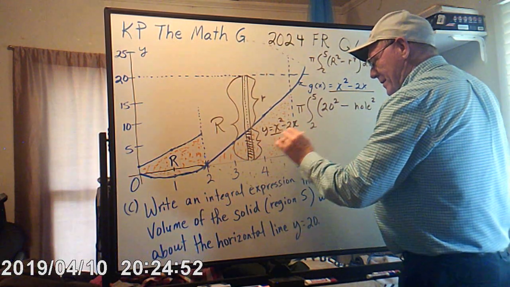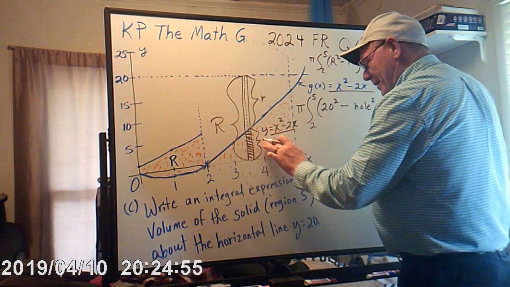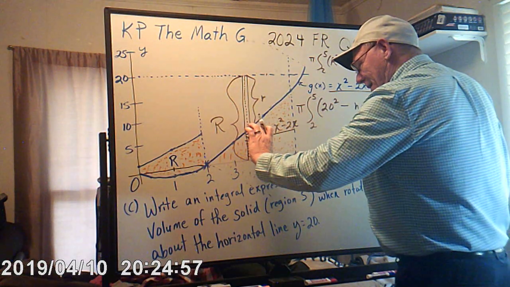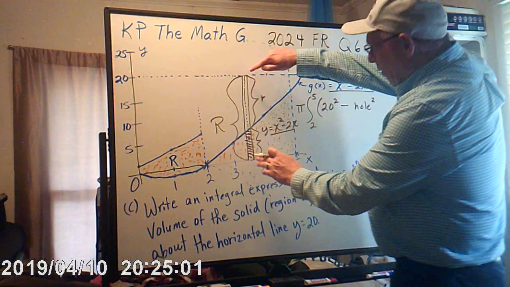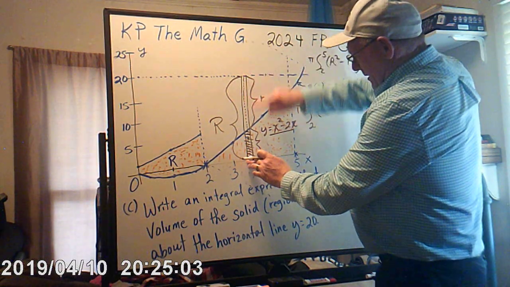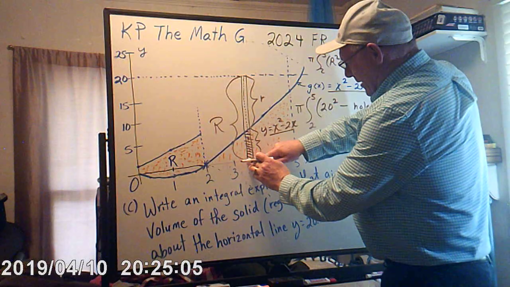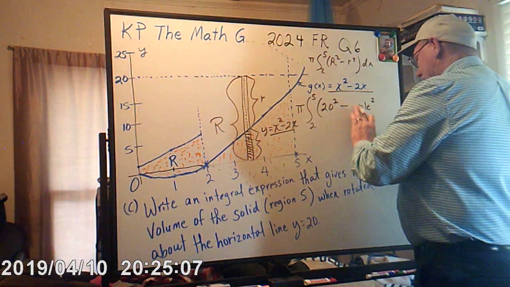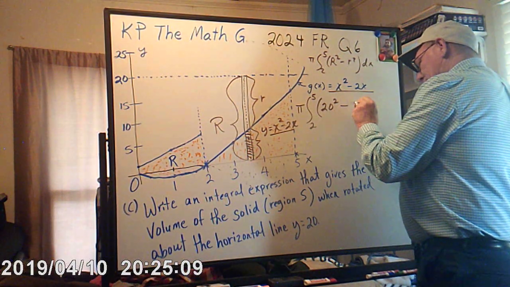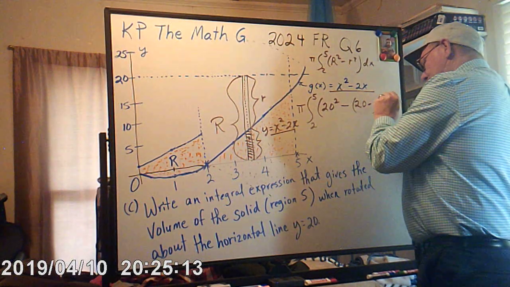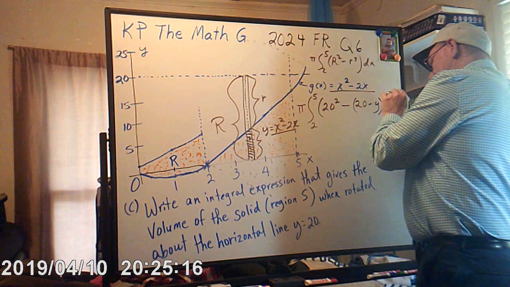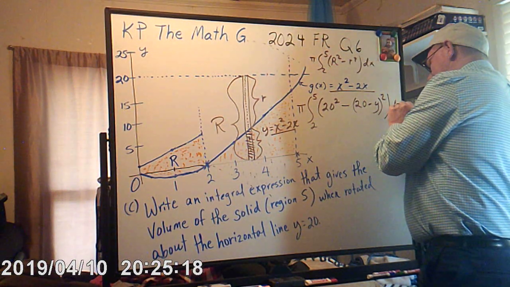This height here is this. This whole thing is 20, so if I can take away this y, so 20 minus y squared, but then dx.